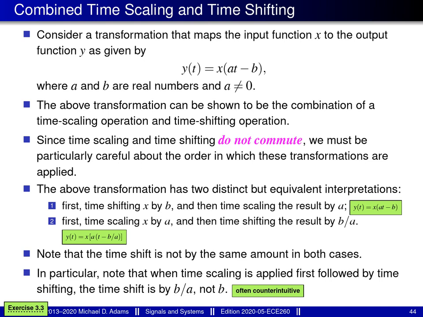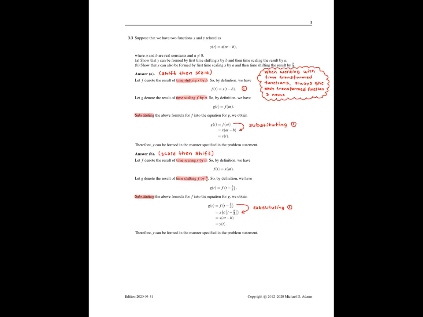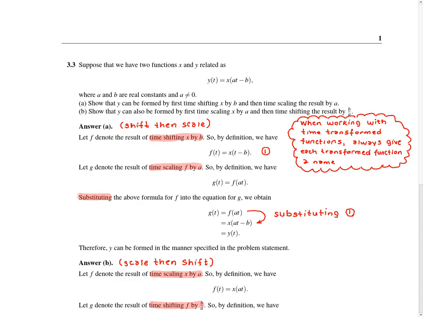At this point, I'd like to go through an example to illustrate combined time scaling and time shifting transformations, in particular example 3.3. In this example we're essentially going to prove the result that was stated on the slide we were just looking at.